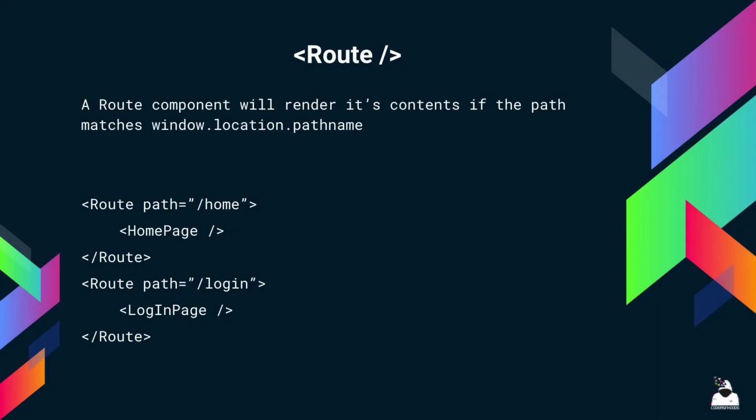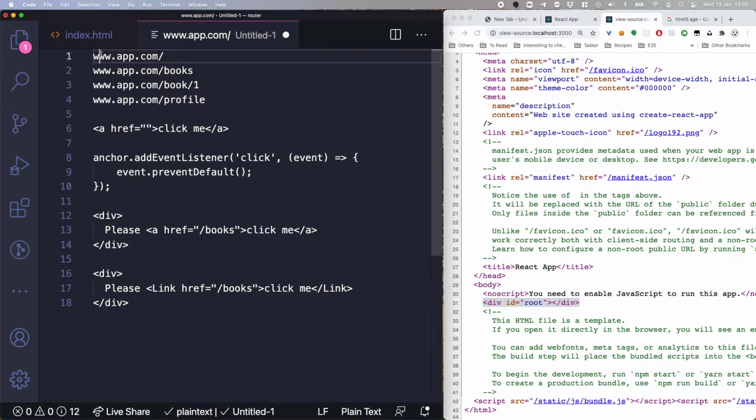A route component will render its contents if the path matches window.location.pathname. When we say window location pathname, that means after the domain name. So here we have our domain, then we have a slash, and then we have the path. This is our path.